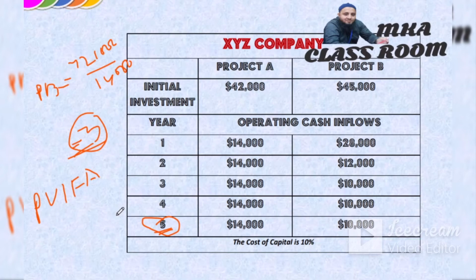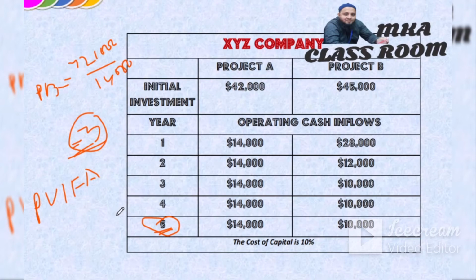Now we will see the calculations. For project A, the present value PV equals CF into PVIFA. So 14,000 into PVIFA, 10%, 5 years. The value is 3.7908. Our present value is 53,071.